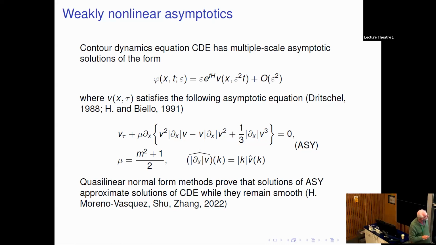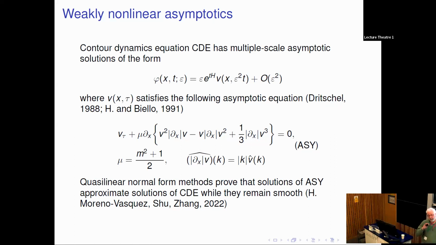I'll explain this more as we go along, but one can actually prove that this equation gives you an asymptotic approximation for the contour dynamics equations that I wrote down before. So that's a rigorous proof that the formal asymptotics does indeed match the full contour dynamics equation.